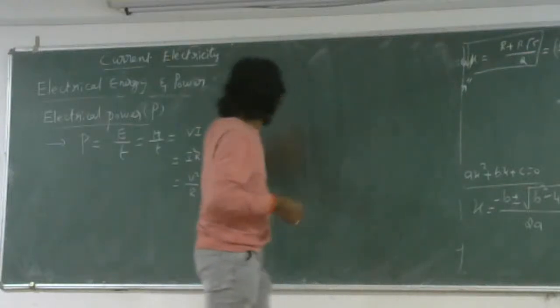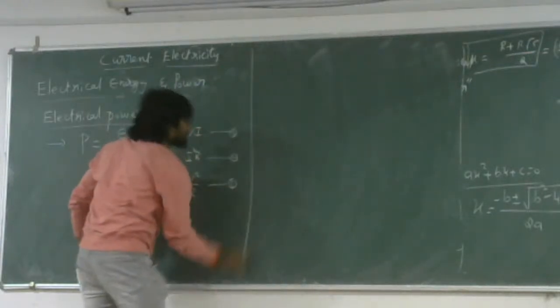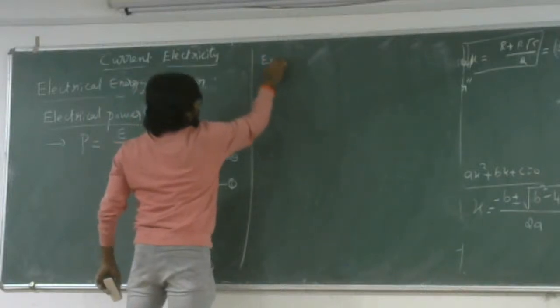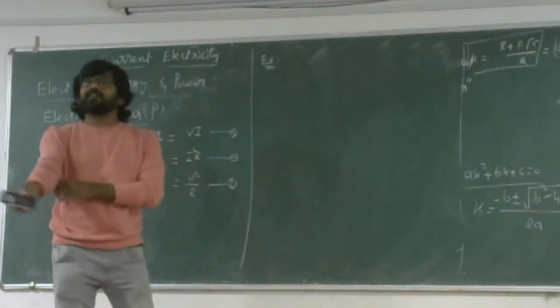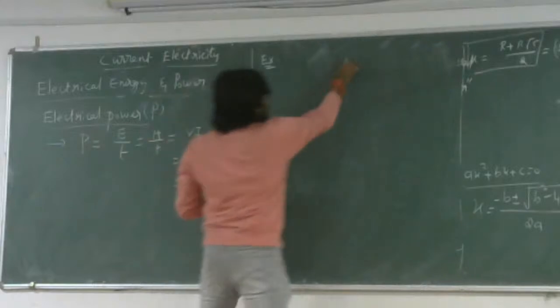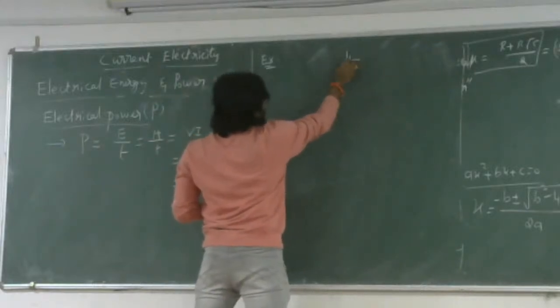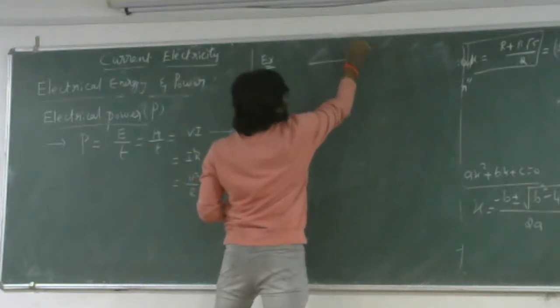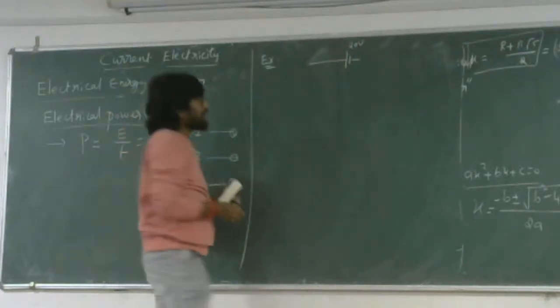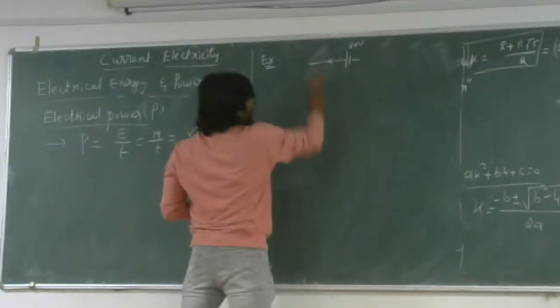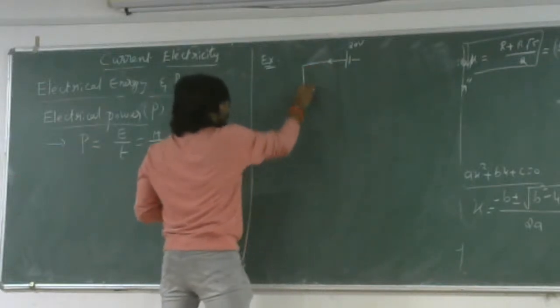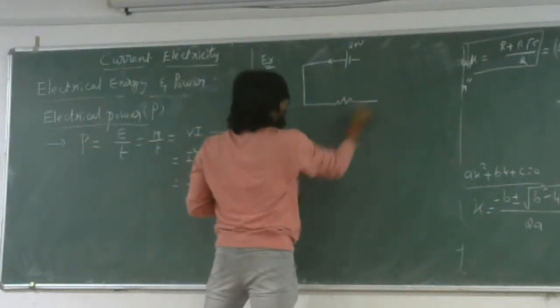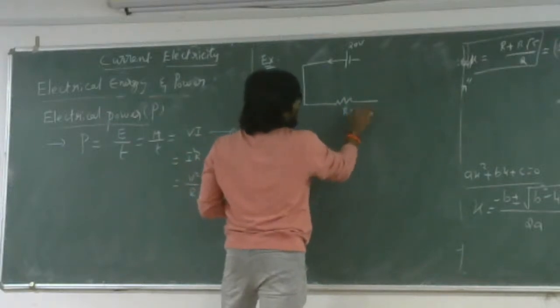Especially, for example, let's see one simple example. If you have given a cell having some 20 volts supply, and from this the current I is drawing some current, and it is connected to a resistor R of resistance.